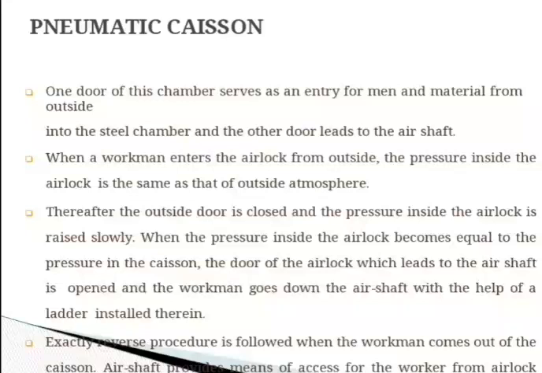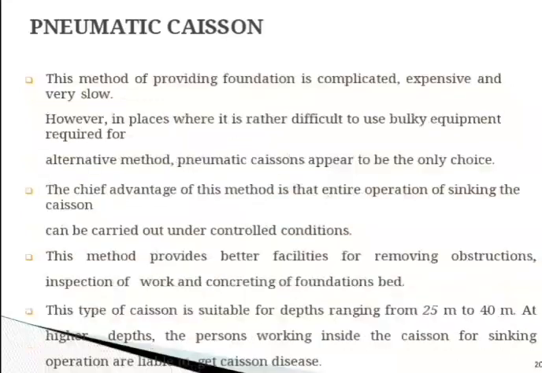Thereafter, the outside door is closed and the pressure inside the airlock is raised slowly. When the pressure inside the airlock becomes equal to the pressure in the caisson, the door of the airlock which leads to the air shaft is opened and the workman goes down the air shaft with the help of a ladder installed within. Exactly the reverse procedure is followed when the workmen come out from the caisson, and the air shaft provides means of access for the workmen to the airlock.